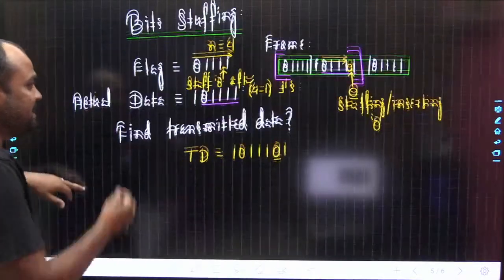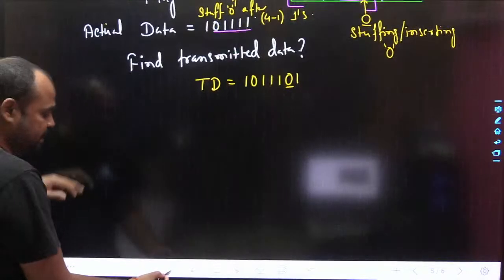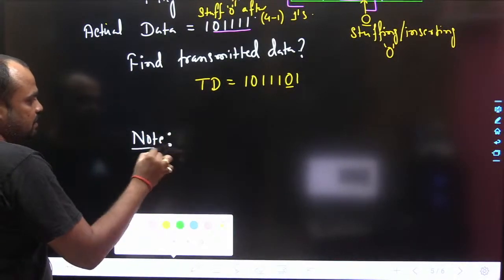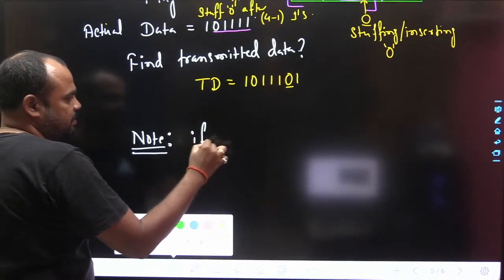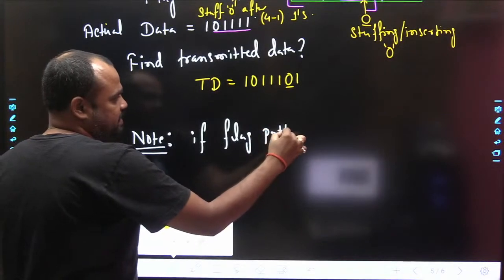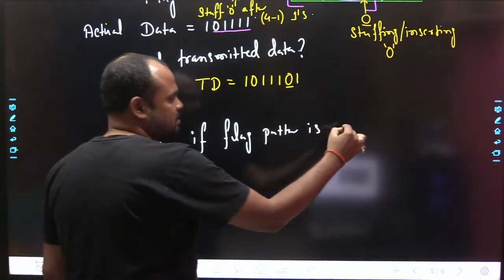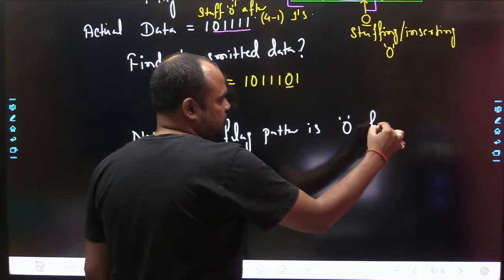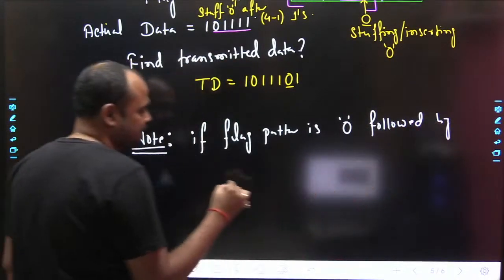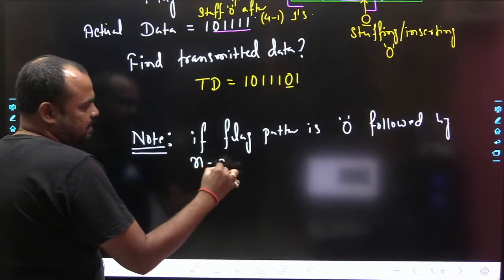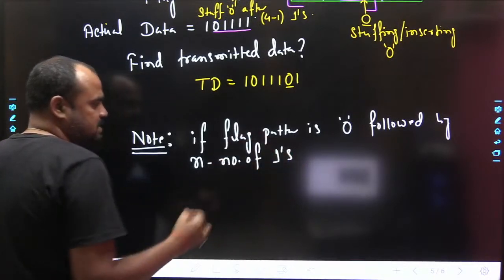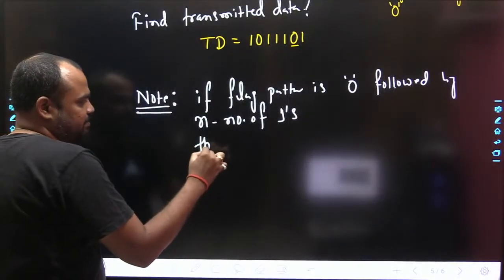So I am writing the same things as notes. Okay, so just see over here. If the flag pattern is 0 followed by n number of ones, then what do we have to do?